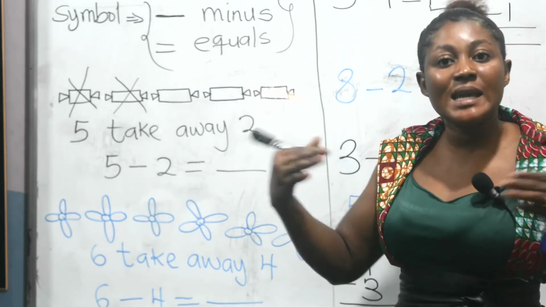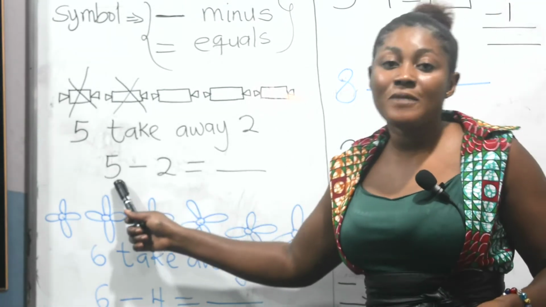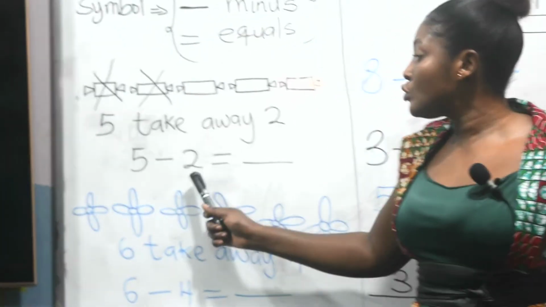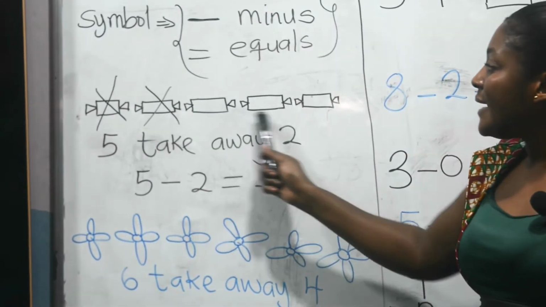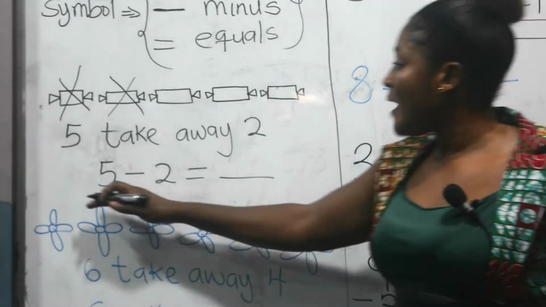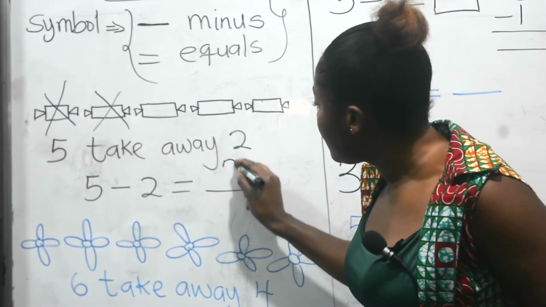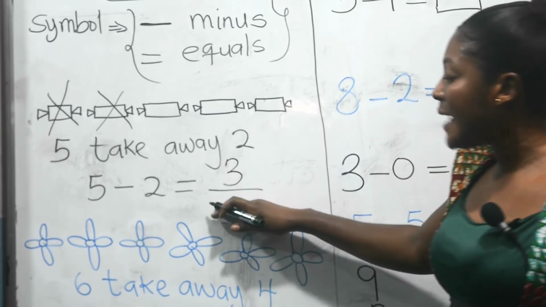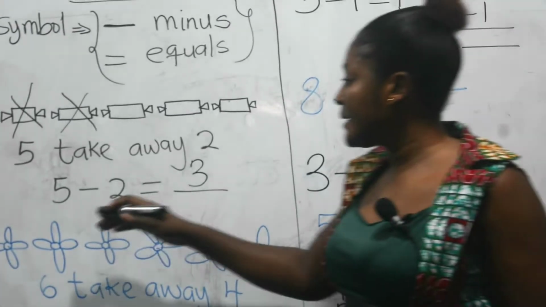Minus means take away. Okay, so that's why I have 5 minus 2. So we have already crossed the 2 and we had the answer 3. So 5 minus 2 equals 3. Then you write 3 nicely there. Okay, now let's go to the next one.